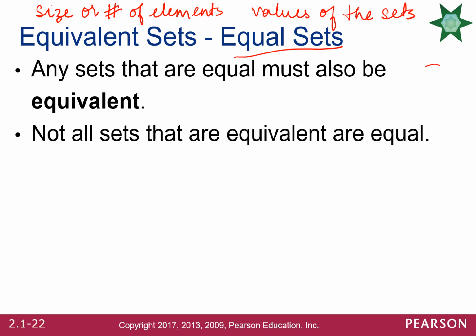Not all sets that are equivalent are equal. So equivalent sets may not be equal sets. That means the two sets may have the same size, but the values could be completely different, right?